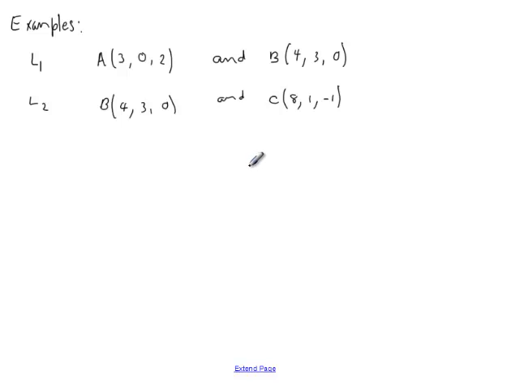Then it says find the parametric equation for the lines. What does an equation of a line do? It gives you a set of points which lie on the line.